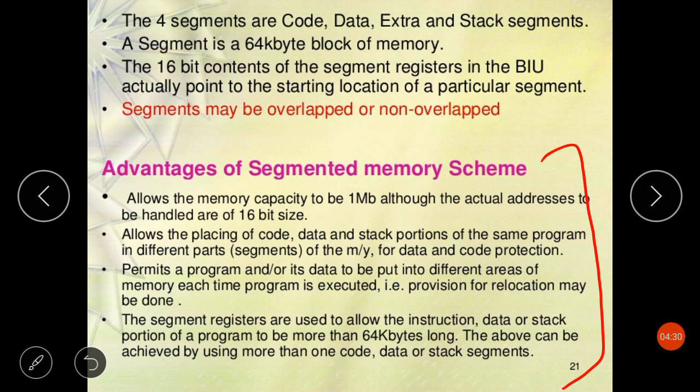But in the case of the 8086 microprocessor, even though the address is 16 bits, we can access 2 to the power 20 memory locations, which is equal to 1 megabyte, and that is the advantage of memory segmentation.